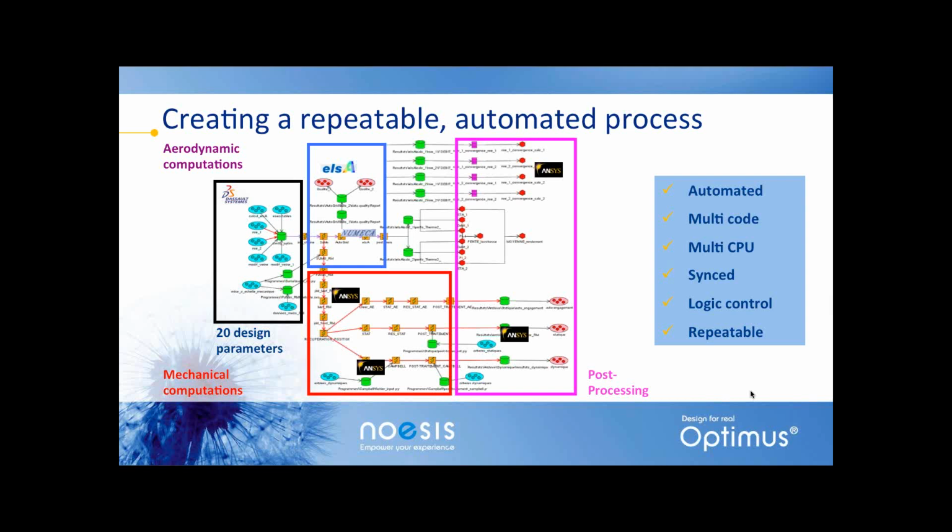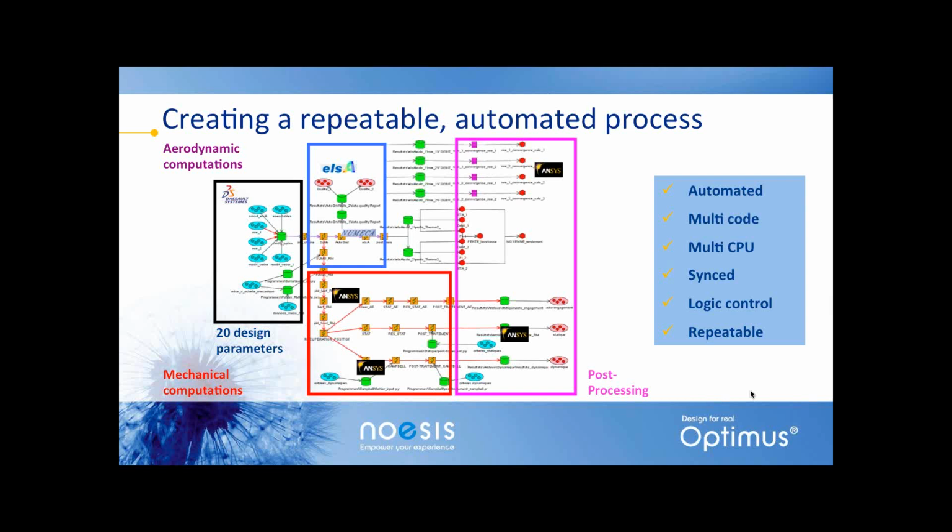In this example, you'll see going from the left to the right, you have a CAD package, goes into a specialized, in this case, CFD package called NUMECA, as well as structural analysis being done with ANSYS and post-processing by ANSYS. All these programs are now linked together without the user having to work and independently set off each one of those programs. All the file handling is handled, and this runs automatically.